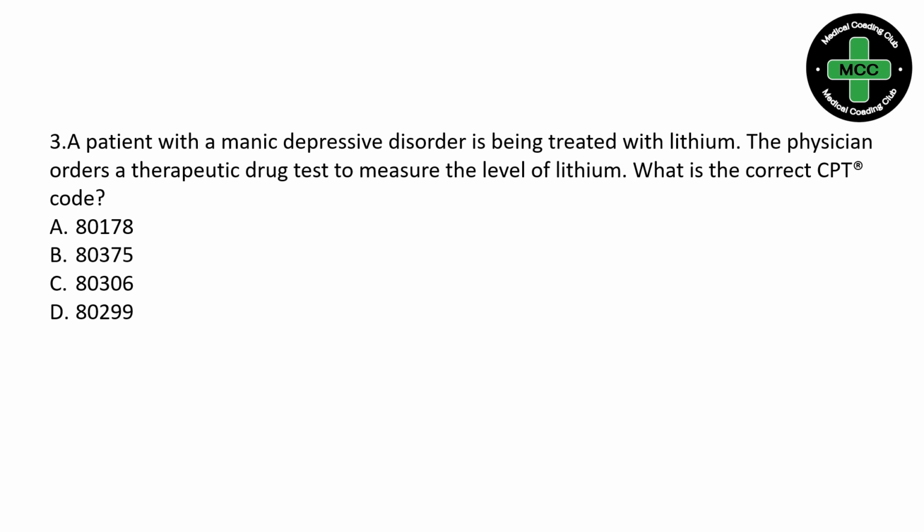So next question: a patient with manic depressive disorder is being treated with lithium. The physician orders a therapeutic drug test to measure the level of lithium. What is the correct CPT code? So this test is a therapeutic drug assay. When we are talking about drug assays, we have three different tests, right?